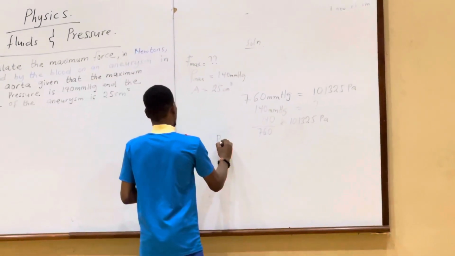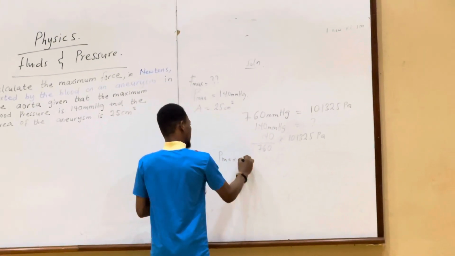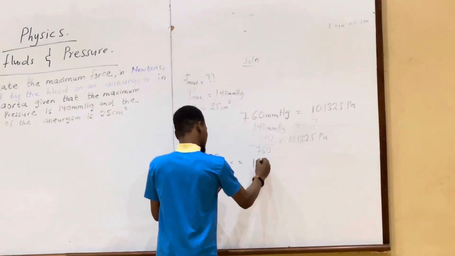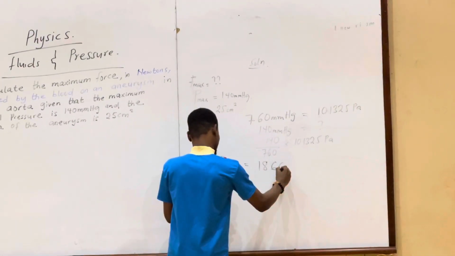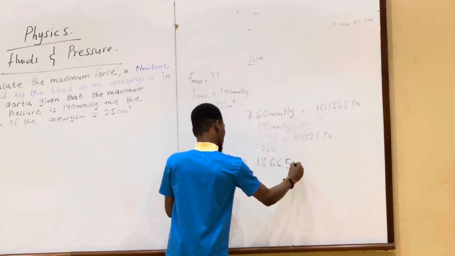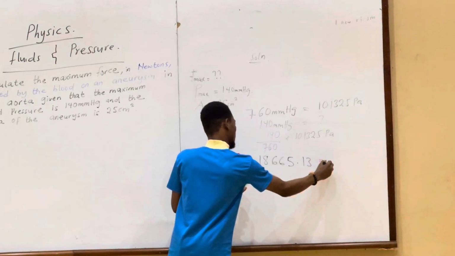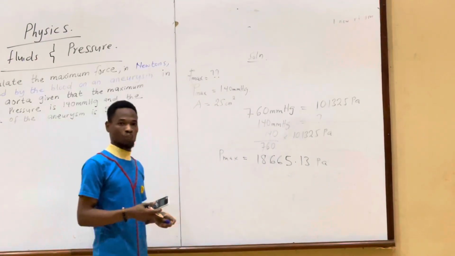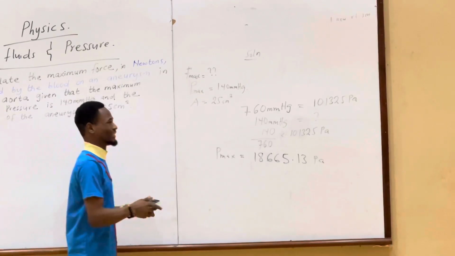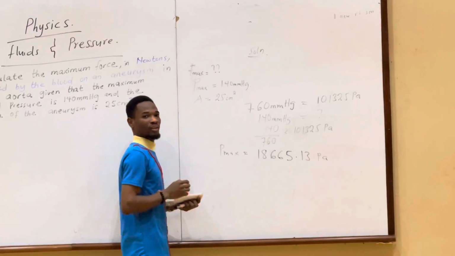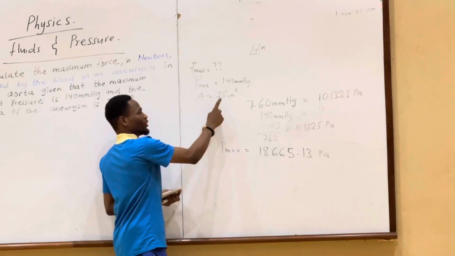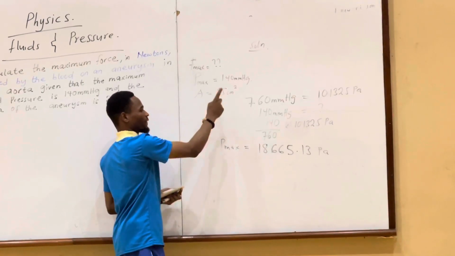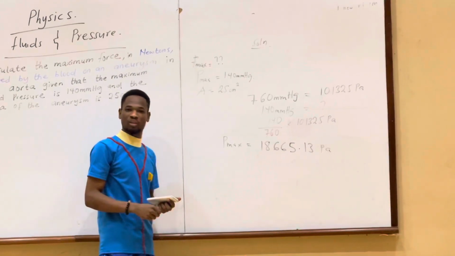So my P max now is 18665.13 Pascal. Now, we need to change this to its respective SI units.